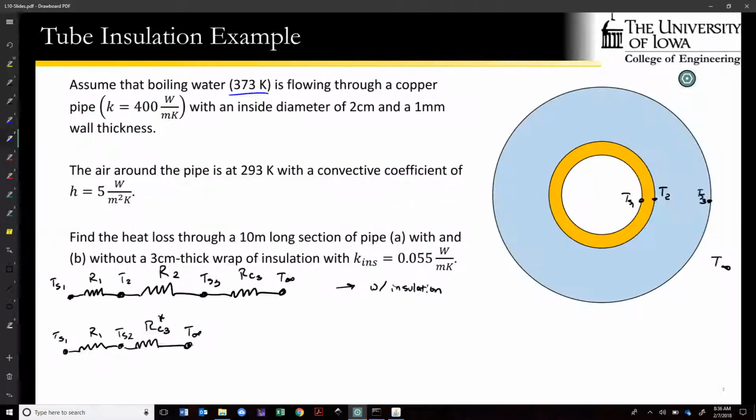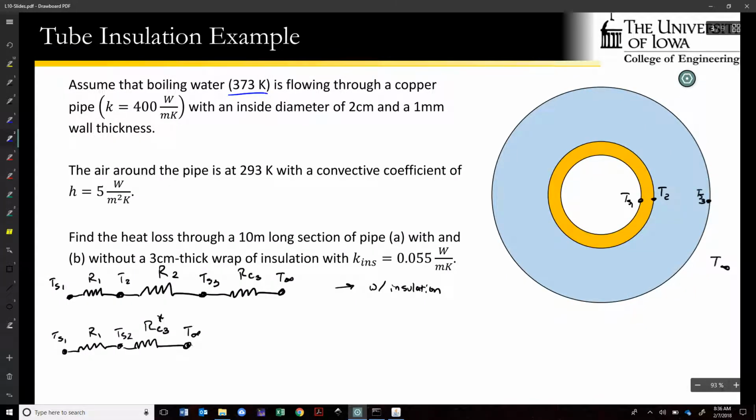So the bare pipe is going to have a smaller surface area, which means it's actually going to have a larger convective resistance than the insulated pipe, which has the larger surface area.